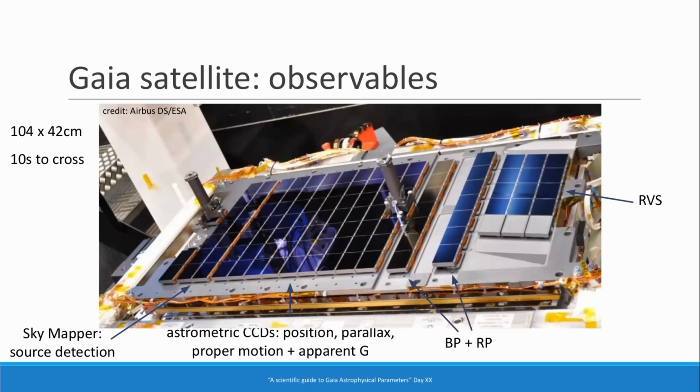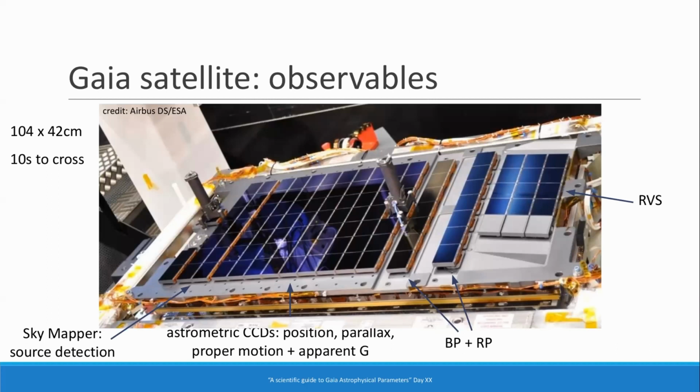So what you can see here is a picture of the focal plane of Gaia, so all the CCDs, when they were constructed in the lab. And just to give you an idea of the dimensions of this focal plane, the length is about 1 meter and the width is about 40 centimeters. So this is quite large.